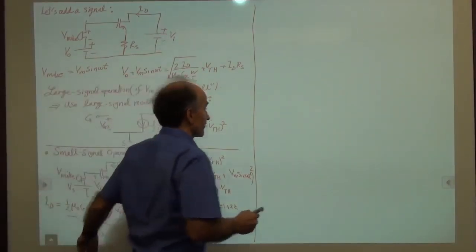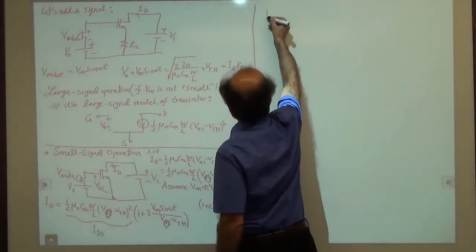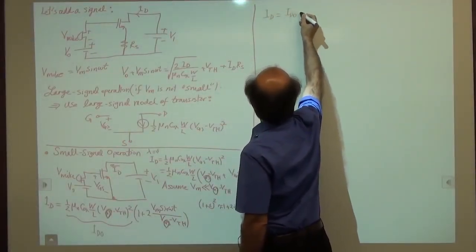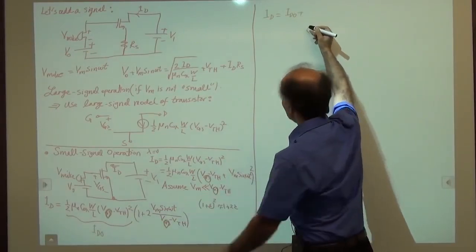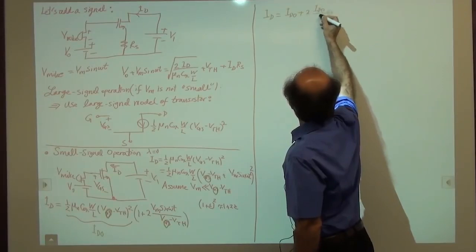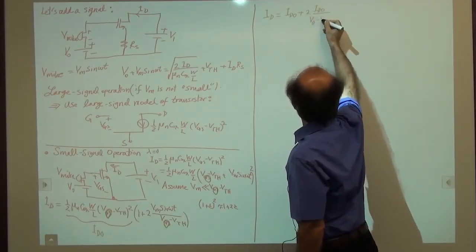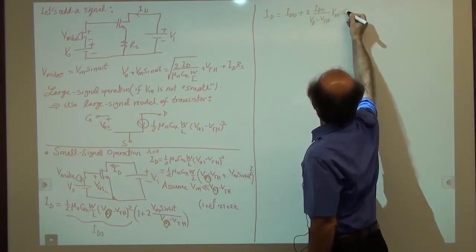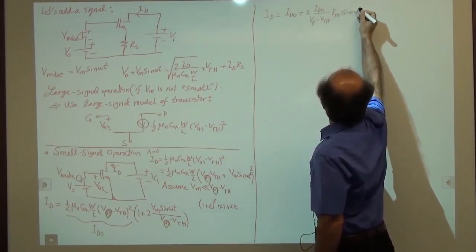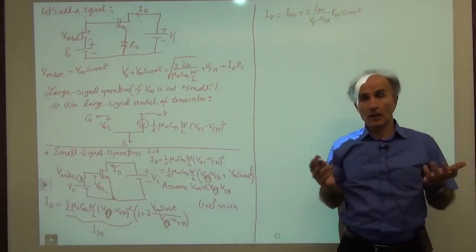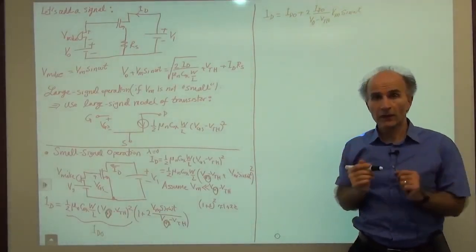So let's write this and see what we get. So we have ID is equal to ID0 plus 2ID0 over V0 minus VTH times Vm sine of omega t. So now that's not surprising. What we got is the following.